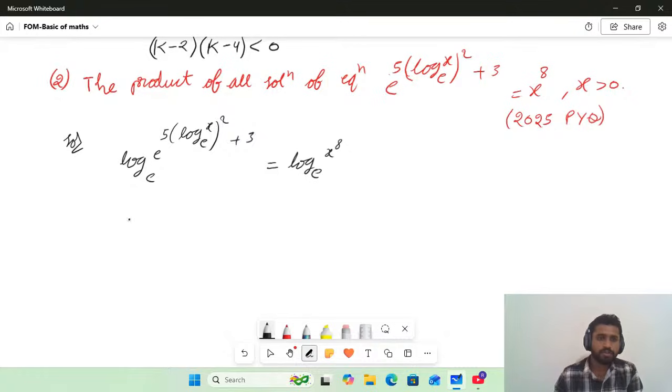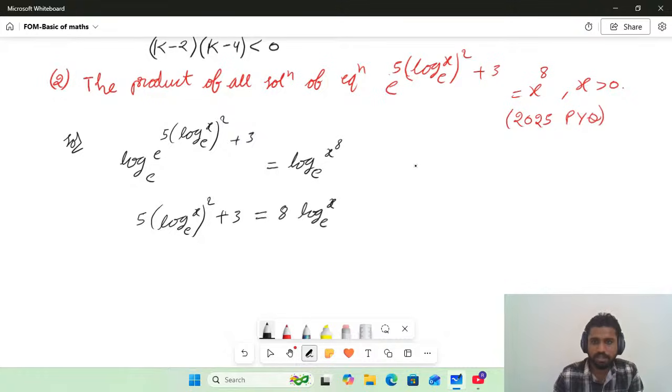Here the power we can write before the log, by using the logarithmic properties. So 5 times this log x base e whole square plus 3 equals 8 log x, since 8 is also in power, we can write it before the log.